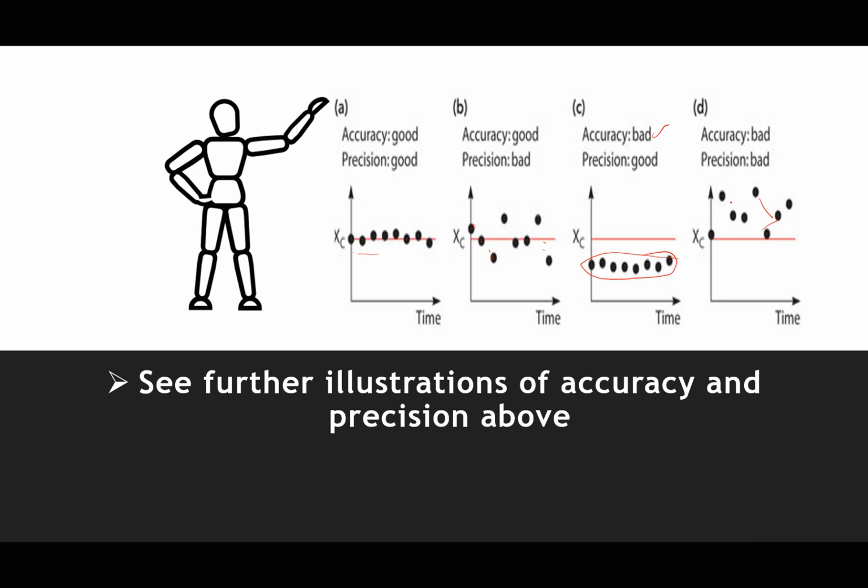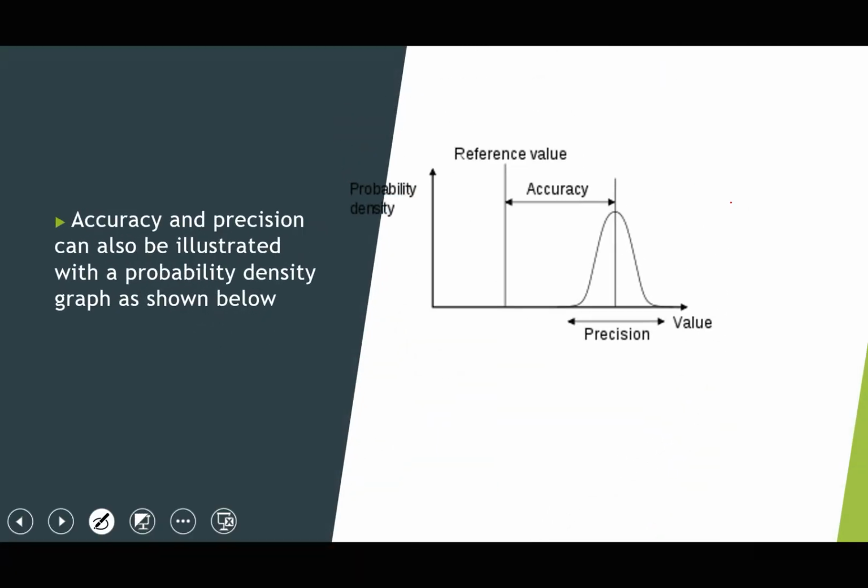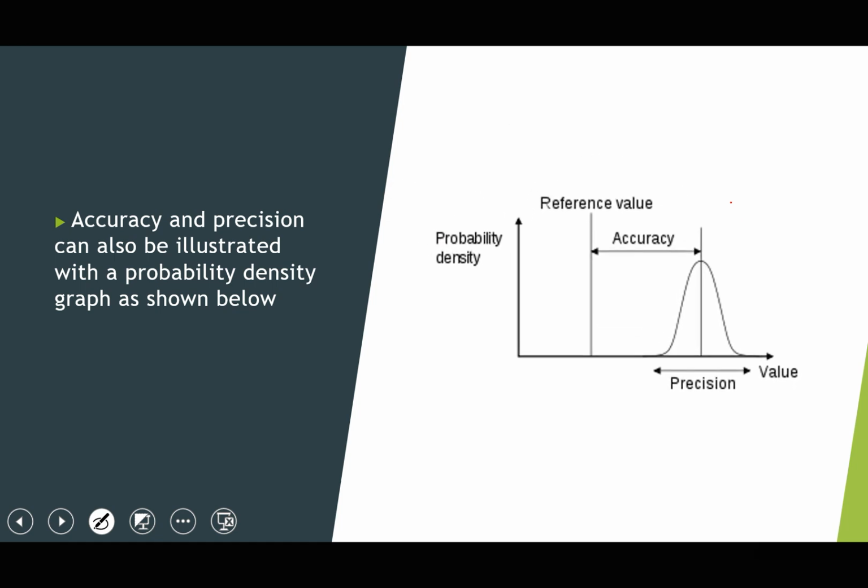We can also demonstrate accuracy and precision using distribution graphs, or probability density graphs. Let us assume that the vertical line here is representing the expected value of a measurement. But the values you obtain during measurements, when the distribution curve is plotted, form an average value which is around this peak here.